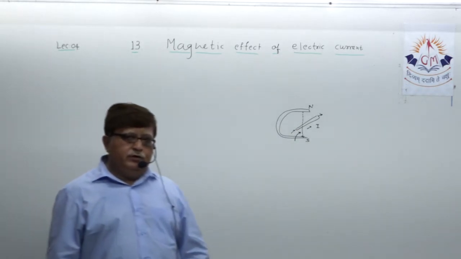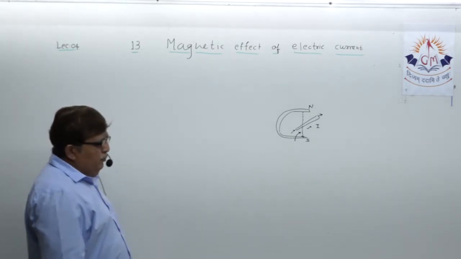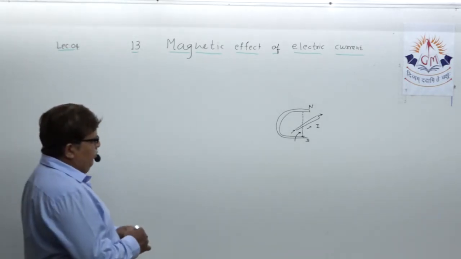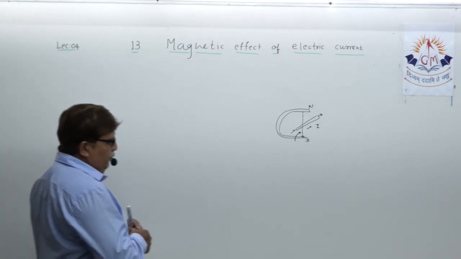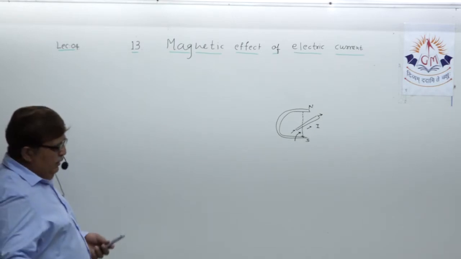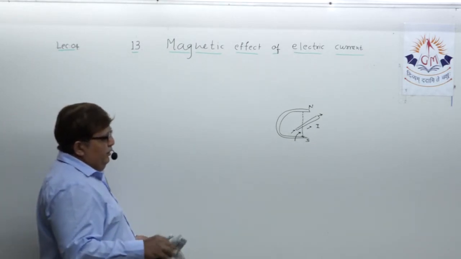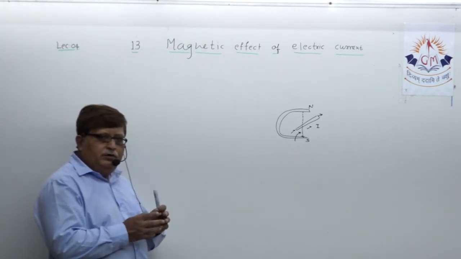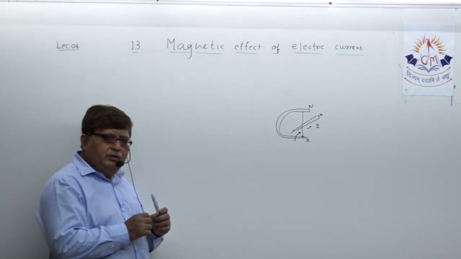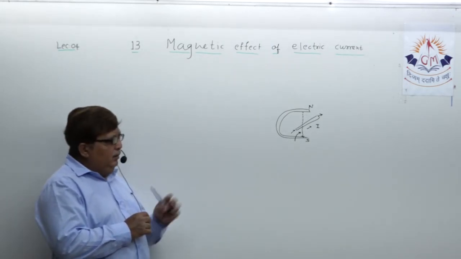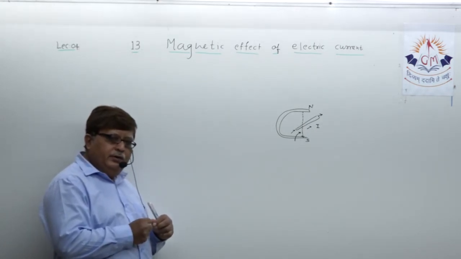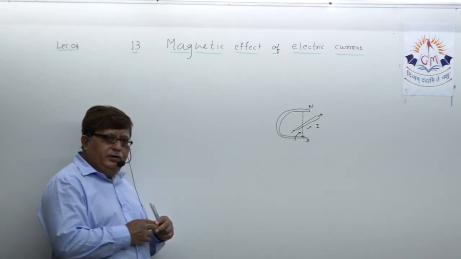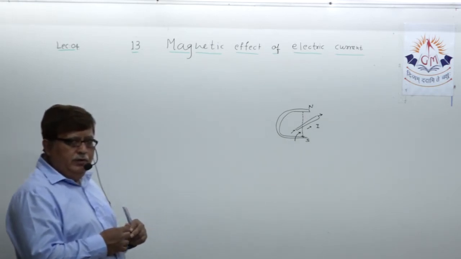You understood this? So one experiment, that is topic 13.3 from your textbook, is an experiment to understand what effect can be seen on the conductor when an interaction takes place between electricity and magnetism. That is what we are trying to understand.